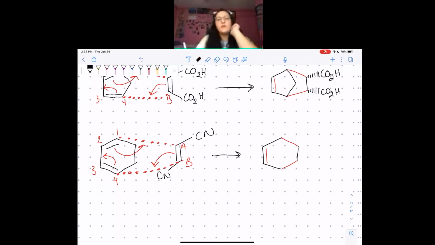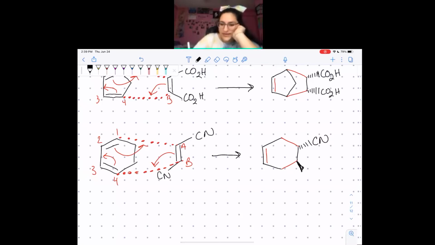And so we have 2 substituents, but they are trans. So does it matter which one's pointing up and which one's pointing down? No. Awesome. I agree with you. So I already drew it, so this one can be going down. This one will be going up.